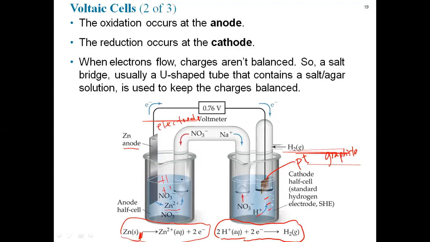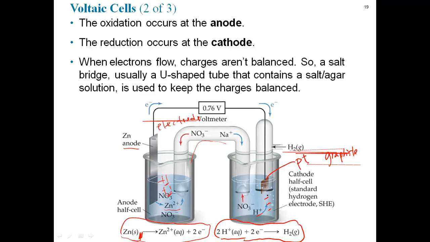Therefore, you will use this salt bridge to balance the charge building up on the anode and on the cathode. If you are building up more and more positive charge here, the salt bridge has ions, so negative ions migrate to this anode to balance the charge produced from the oxidation of zinc.